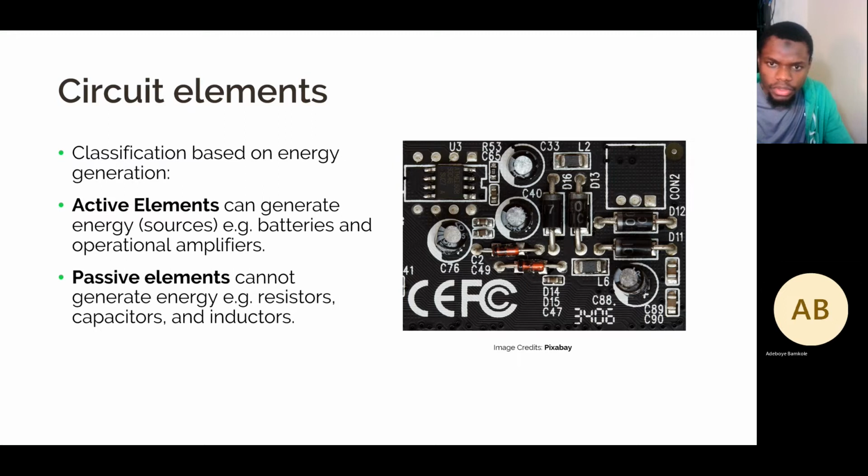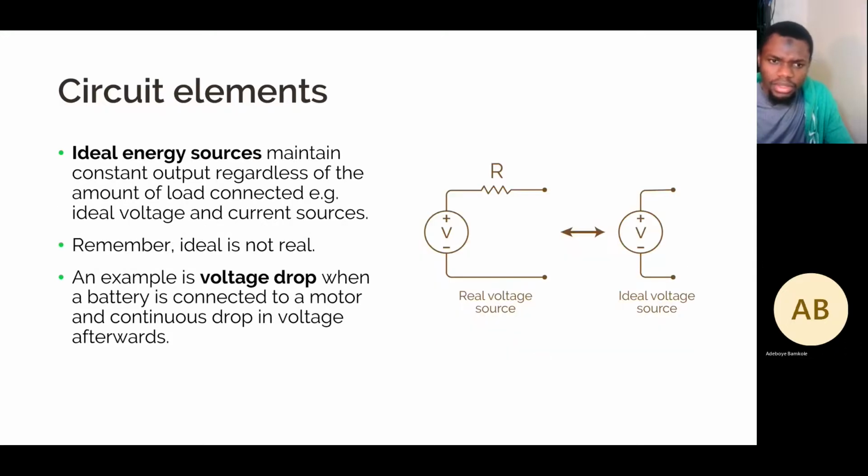Maybe something to also mention is that circuit elements are classified based on energy generation into active elements and passive elements. Active elements can generate energy, for example batteries and op-amps, operational amplifiers. Passive elements cannot generate energy: resistors, capacitors, and inductors. So that's just by the way.